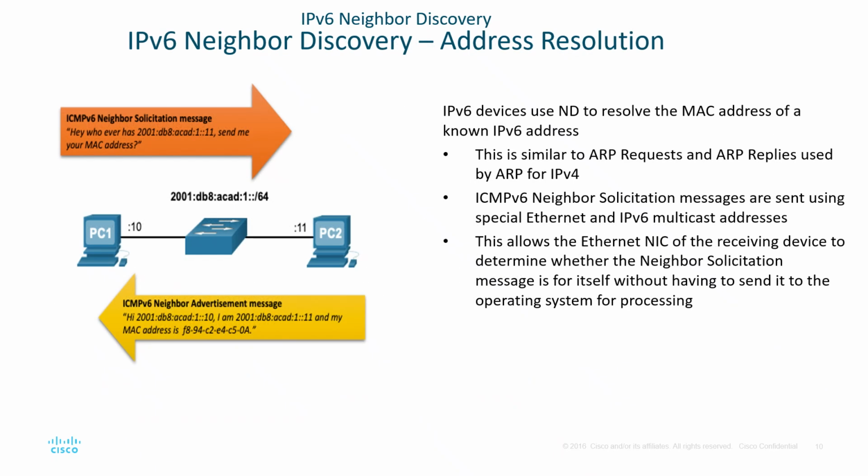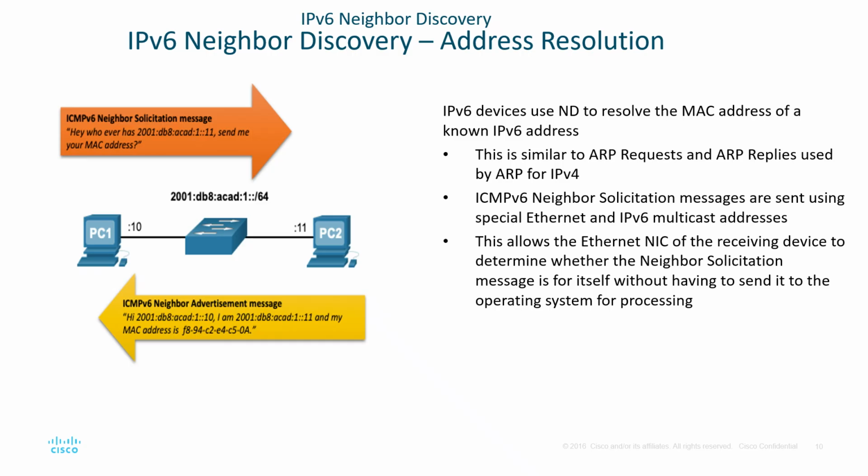So IPv6 devices use, again, ND neighbor discovery to resolve the MAC address of a known IPv6 address. Similar, again, to ARP requests and ARP replies used by IPv4. Your neighbor solicitation messages are sent using special Ethernet and IPv6 multicast addressing. So here you see a little improvement.